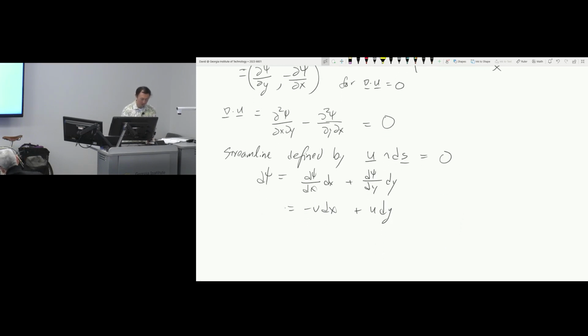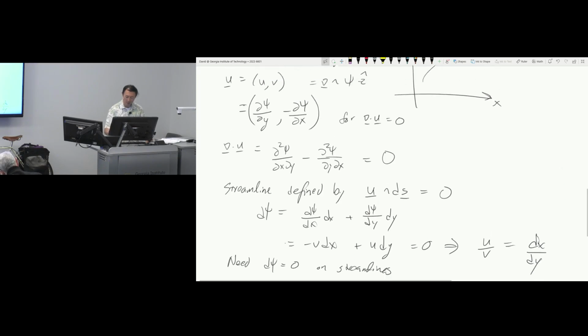If d psi is equal to 0 on the streamlines, then you have u over v equal to dx over dy.